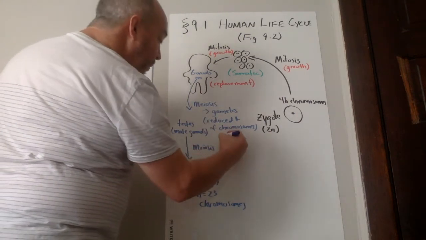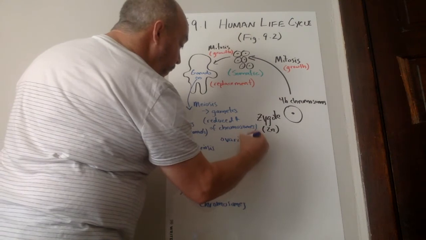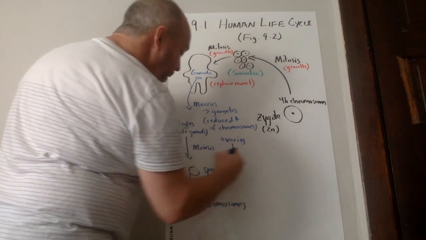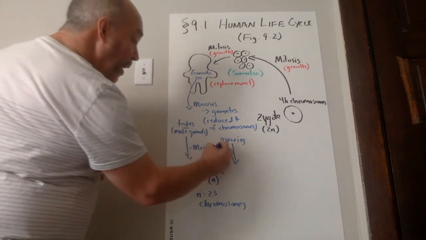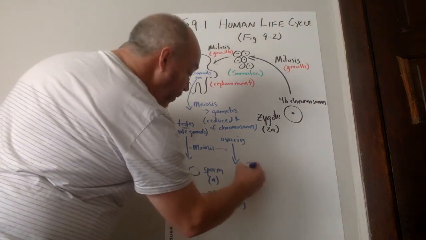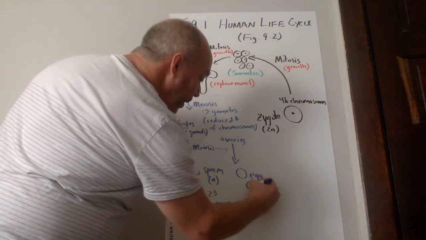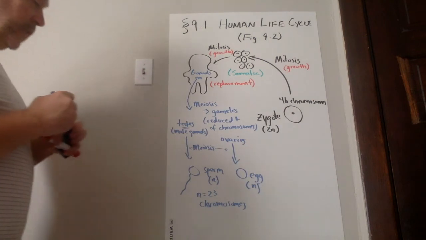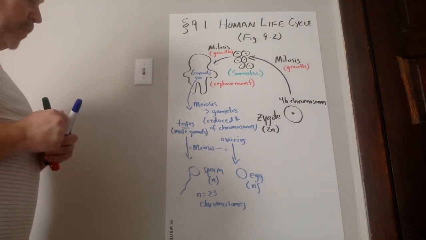In females, you have the ovaries. Ovaries will also undergo meiosis. So meiosis is going to happen in the testes. Meiosis is going to happen in the ovaries. They will produce an egg. An egg is also haploid. It only has 23 chromosomes.